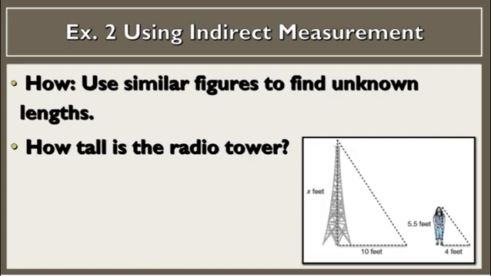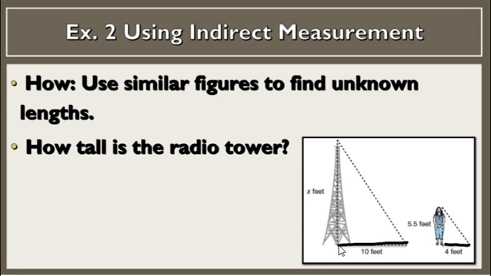Next one, how to use similar figures to find the unknown length. So we're using indirect measurement. When you're looking at something from a distance, but you know the height, or here we're looking at the shadow length of both figures. If you know 3 of the dimensions, you can use scale factors to figure out what the missing dimension would be.